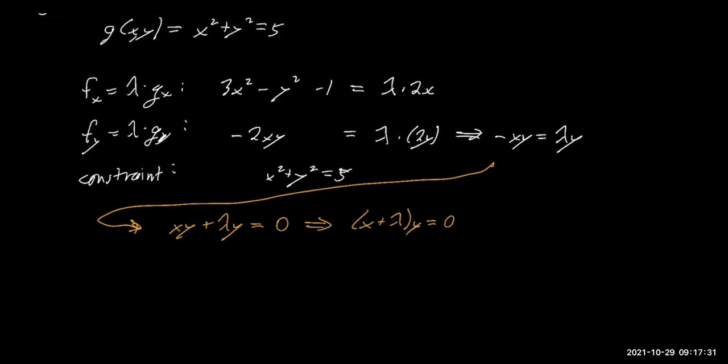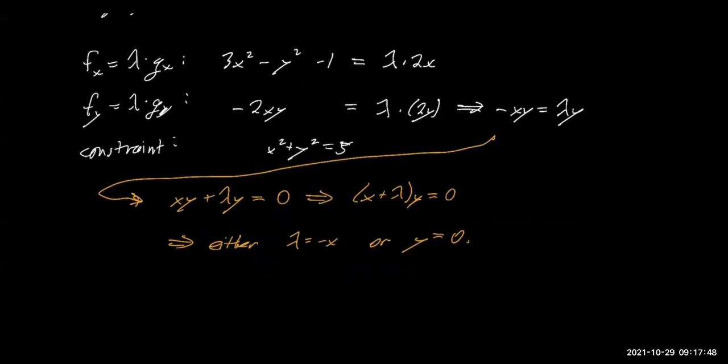So you get that, and that means that either lambda equals negative x, because the first thing is 0, or y equals 0. So we're in one of those 2 situations, yeah?